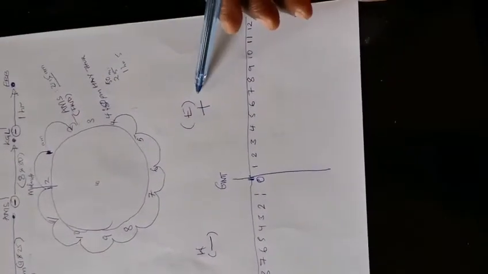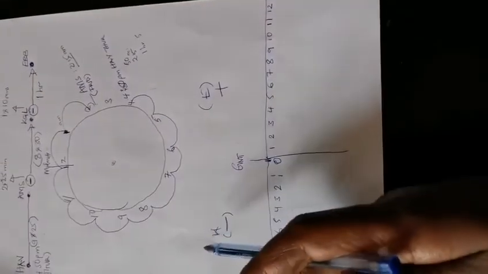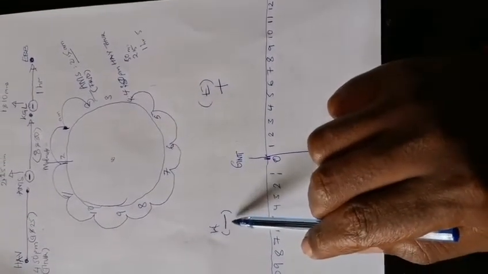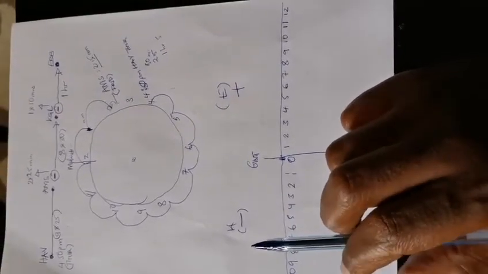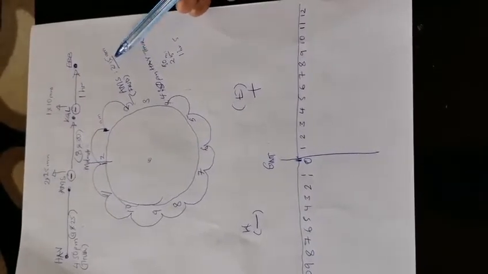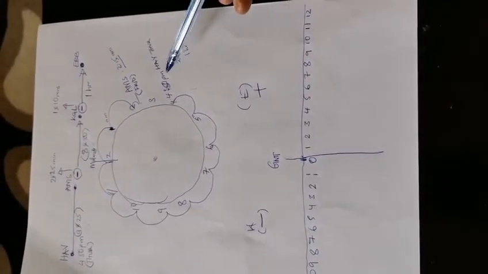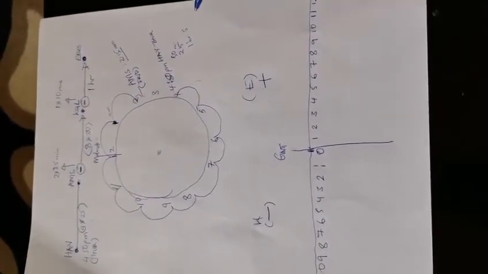So remember, this is the positive side, being the eastern hemisphere. This is the western hemisphere, so it becomes the negative side. So in this instance, we want to convert from Havana time, the 2:15 a.m. to Amsterdam time. Okay? So what are we going to do?